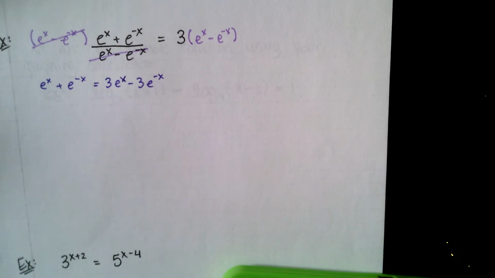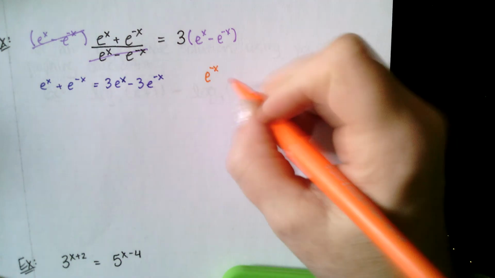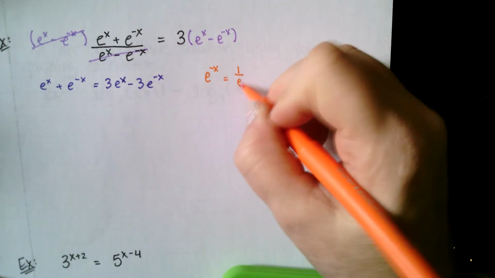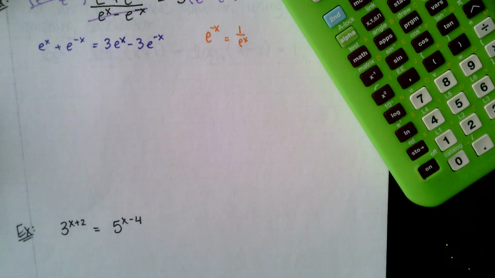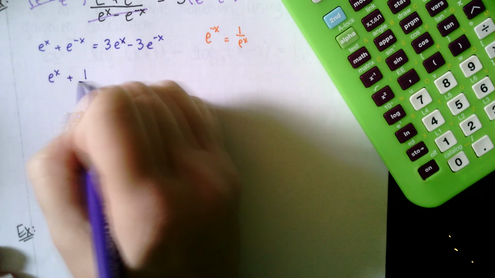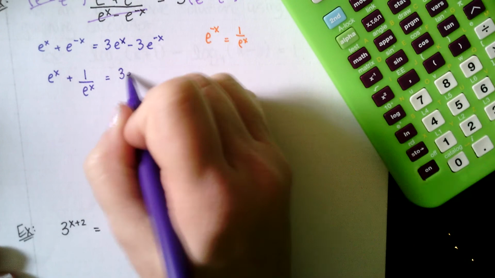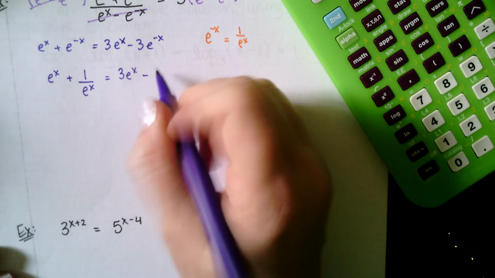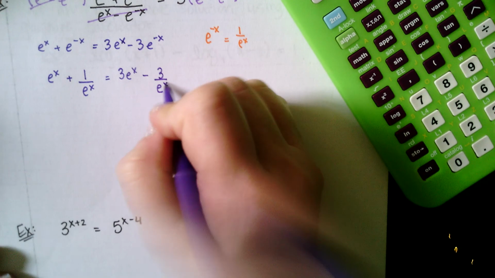So since e to the negative x means 1 over e to the x, I'm going to rewrite those terms in that manner. So I'm going to have e to the x plus 1 over e to the x equals 3e to the x minus 3 over e to the x.